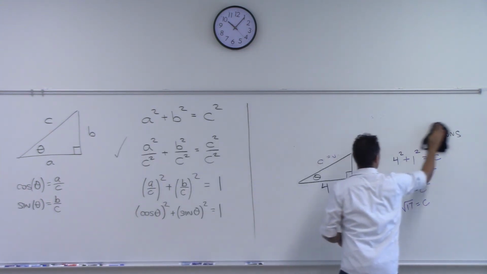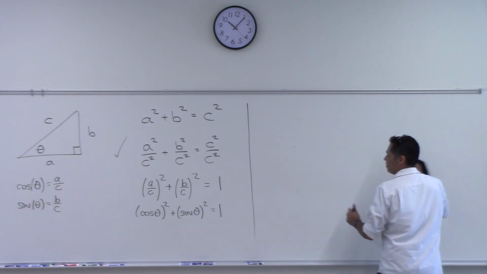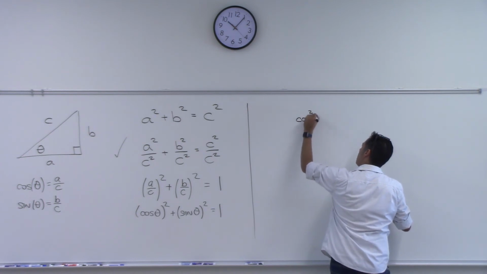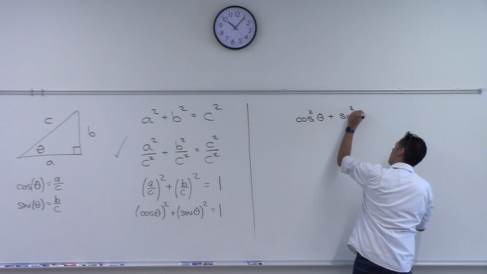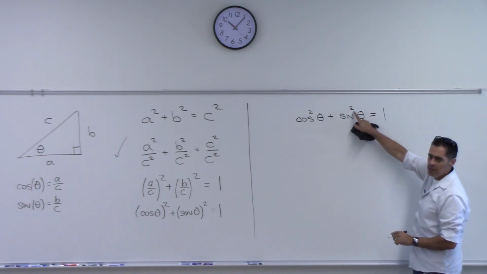I'm going to write it in a slightly different manner. I'm going to write it like this. Cosine with my squared there, theta, plus sine with my squared right there, theta, equals 1. So notice my usage of the squared here.